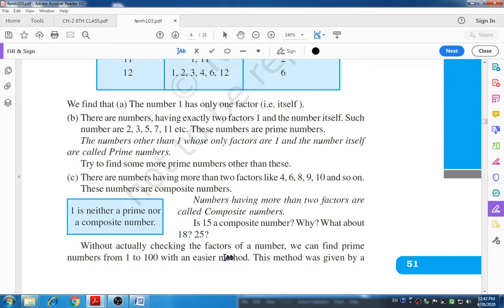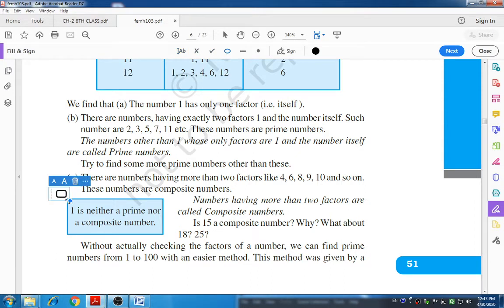Students, did you get it? The numbers which have only two factors, 1 and the number itself, are called prime numbers, and the other numbers having more than two factors are called composite numbers. Now 1 is neither prime nor composite.